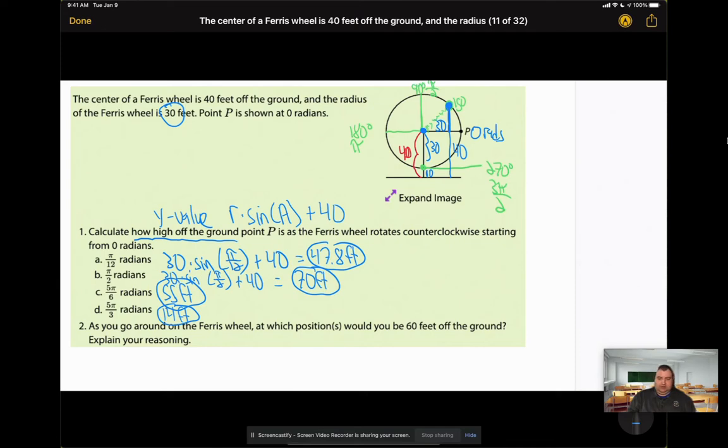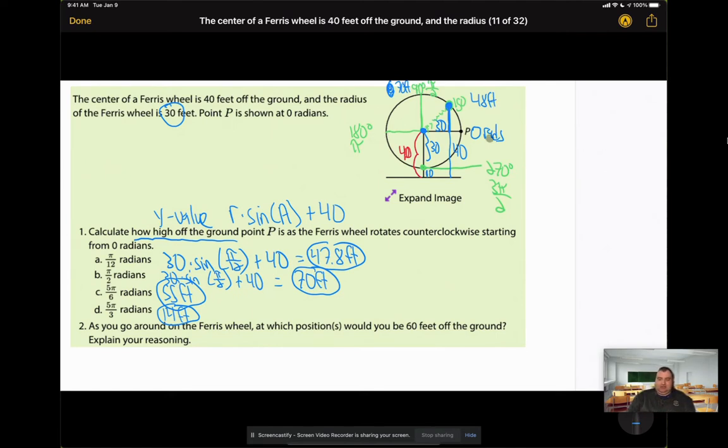So we know that at 15 degrees, we're just under 48 feet off the ground. We know that at pi over 2, which is directly up from center, this is 70 feet. Okay. So this was about 48 feet. This is 70 feet.